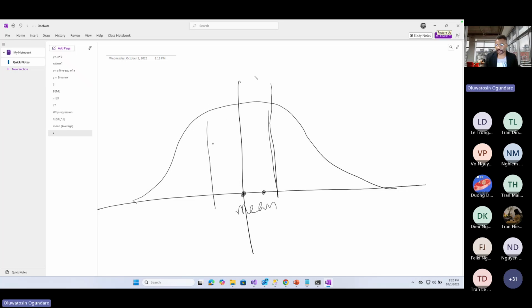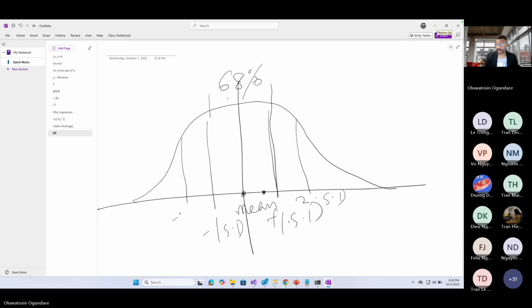68% of the data will be within one standard deviation. So this is mean plus 1 SD, this is mean minus 1 SD. And then with mean plus 2 SD and minus 2 SD, you're going to be left with roughly 5% out here.